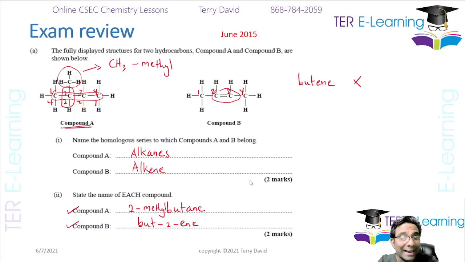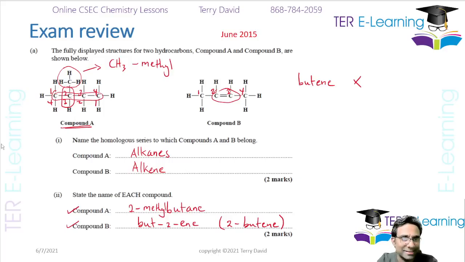So that's one way I can name this compound, or I can call it 2-butene, right? So be careful. And this applies to alkenes as well as alcohols. So don't just rush and say butene is the name, right? You're going to get it wrong, right? So moving on, that's the name of the compound, right?